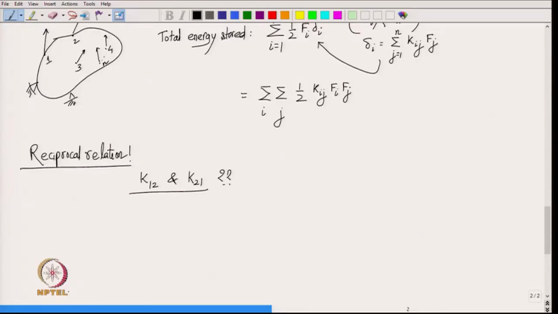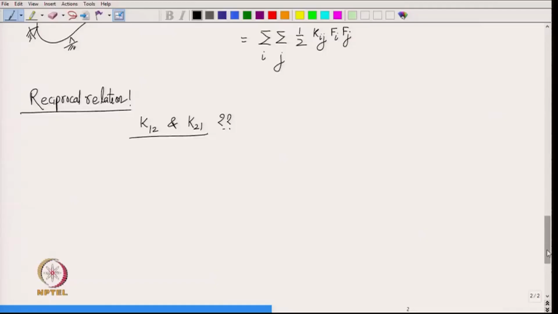So, you can recall K12 would be displacement at point 1 due to the force applied at point 2, and K21 is the opposite. So, we want to know how are those two related, the coefficients K12 and K21. Okay. So, to do that we will work it out through energy.